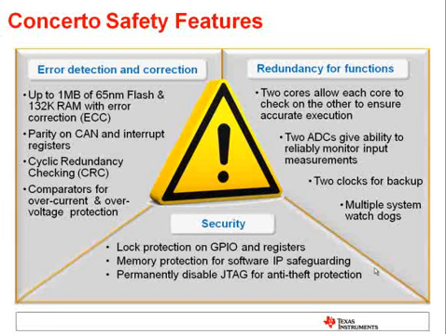This could be used in a motor control application where the Cortex-M3 could run a motor calculation while the C2000 core can do the same calculation. The result can be checked to see if they come with the same answer. There are 2 clocks so that if one clock has a fault, the secondary clock can serve as a backup.